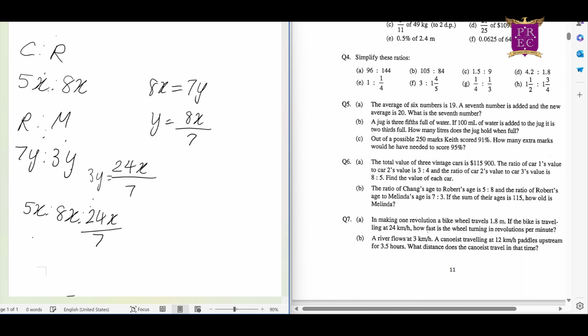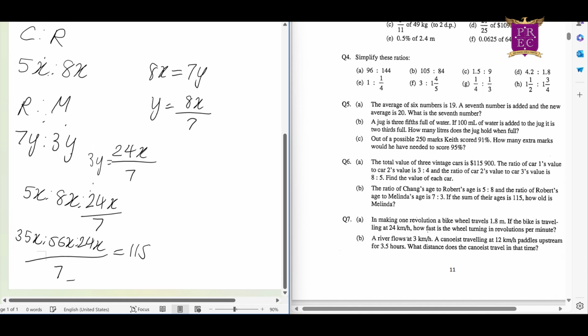Get it under one denominator: 35x, 56x, and 24x on 7 is equal to 115. Okay, what's 115 times 7? 115 times 7 gives us 805.